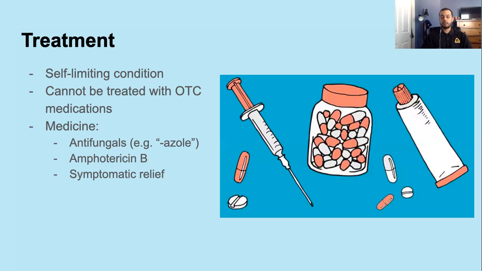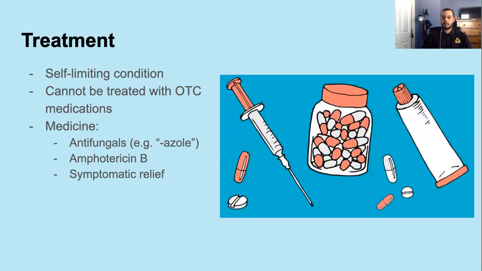Healthcare professionals that are giving these medications should provide for liver function tests to monitor liver enzyme levels like ALT and AST, and monitor for jaundice, because azoles do have a possibility of hepatotoxicity or liver damage.